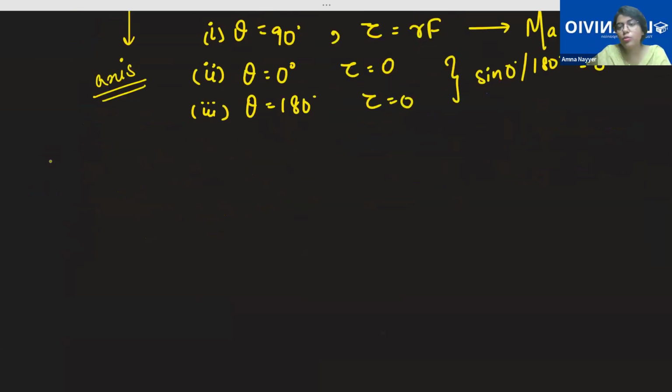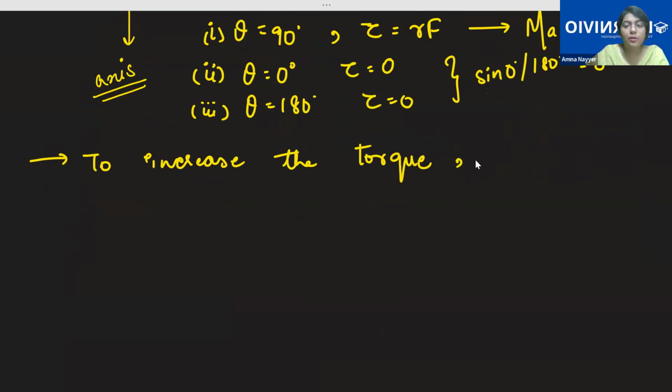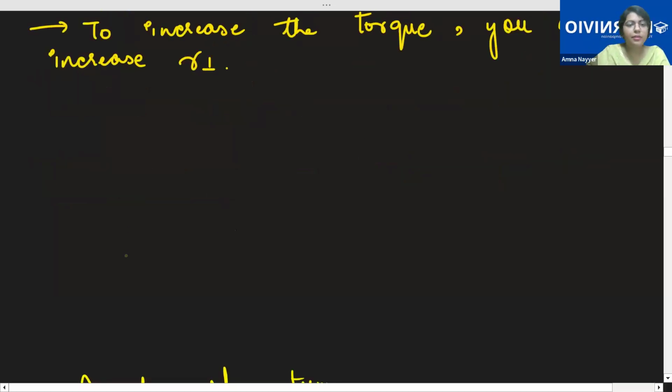Now, this is the torque. If you have to give a maximum torque, to increase the torque, you can increase the R perpendicular. The good example is a door.